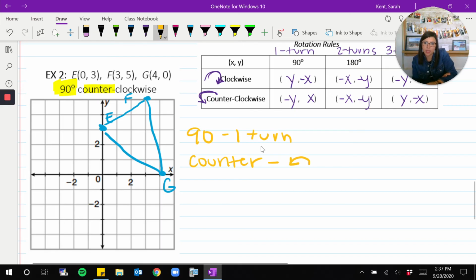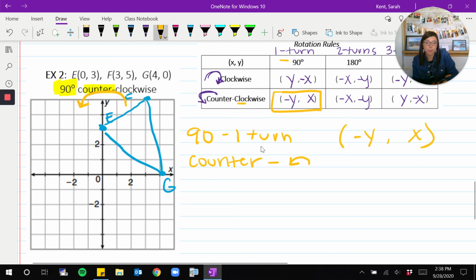So I'm going to take this picture and turn it 1 corner. So it'll end up over here. So if I look at 90 degrees counterclockwise, I'm going to use this rule for example 2. So I want all of my points, the X and the Y will switch spots, and my Y will become opposite.